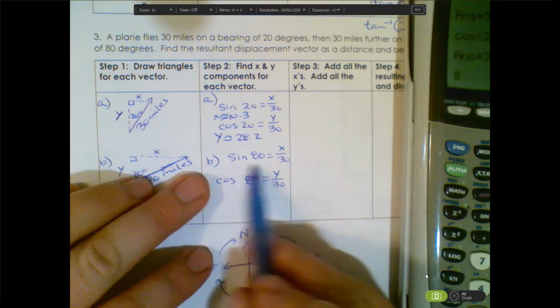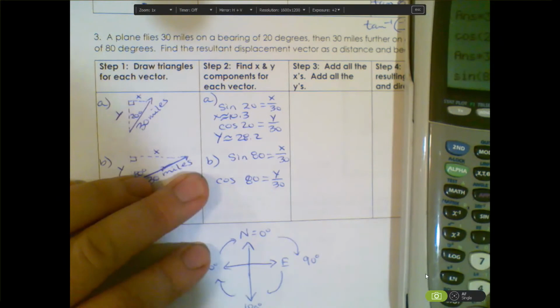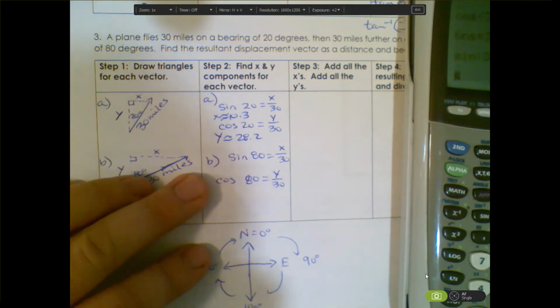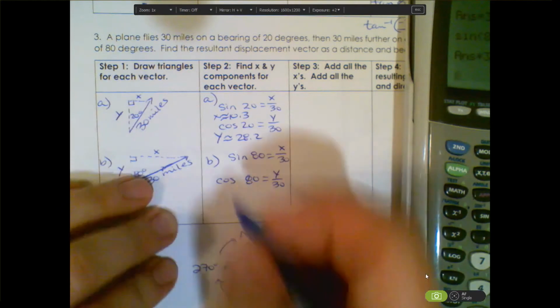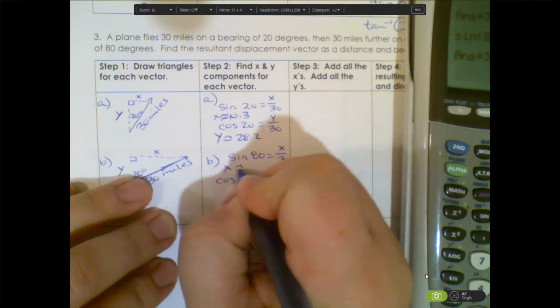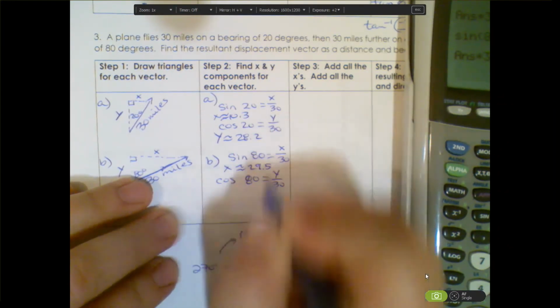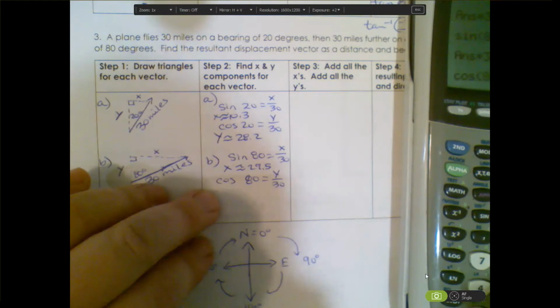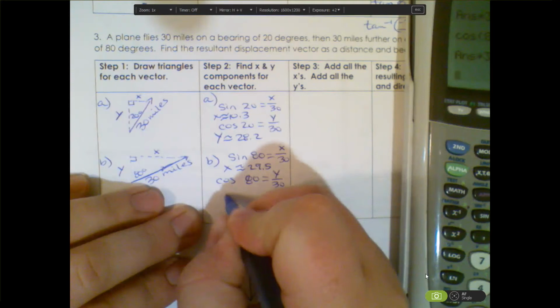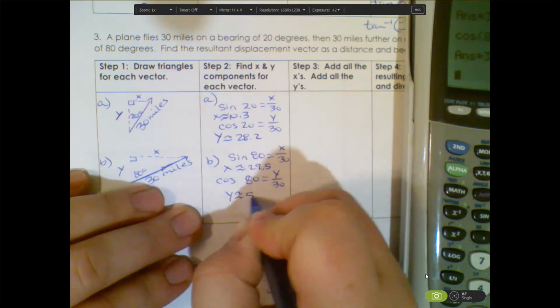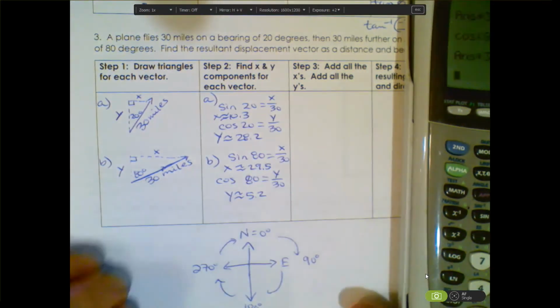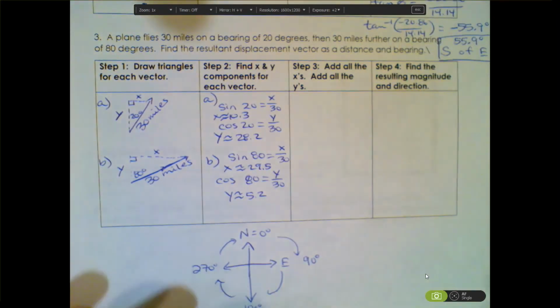Then I have the sine of 80 times 30, 29.5. And then I have the cosine of 80 times 30, y is approximately 5.2. Okay, we have all of our x and y components.